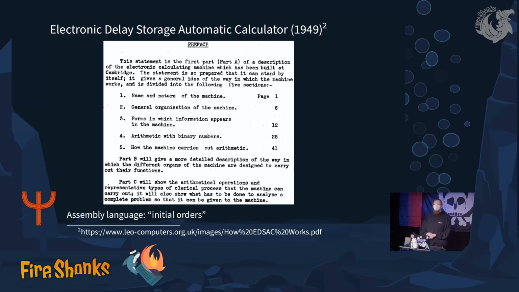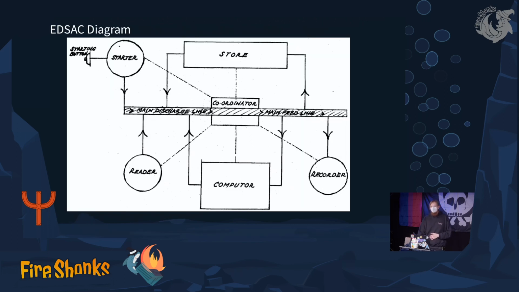There was an assembly language for this, actually. It was called initial orders. That maybe sounds a little confusing, but it's also very interesting. And they had this diagram. That's what that looked like. There was a starting button, a starter button. That's what we know from nowadays as well.